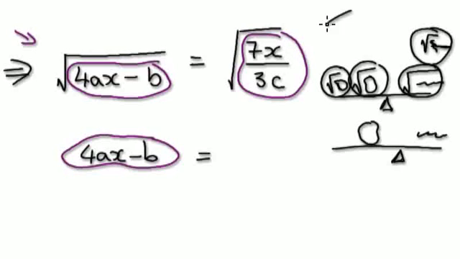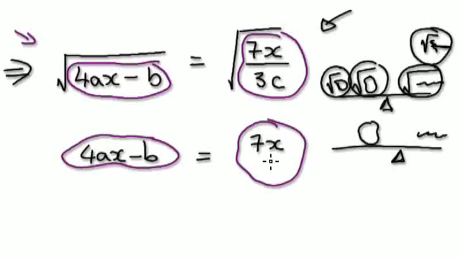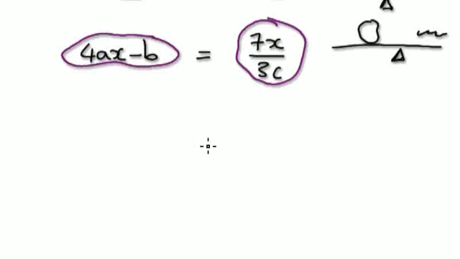On the right hand side, all that's left is the bubble, which happens to be 7x over 3c. Okay. So now it's just a matter of, remember, keep an eye on x. You've got x here and x here, two x's. So the chances are you will have to factorize.